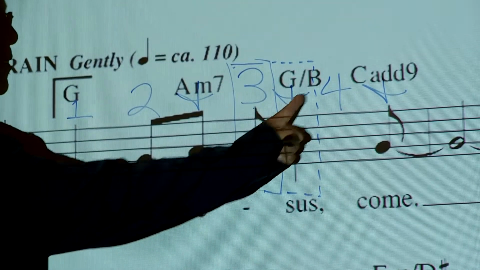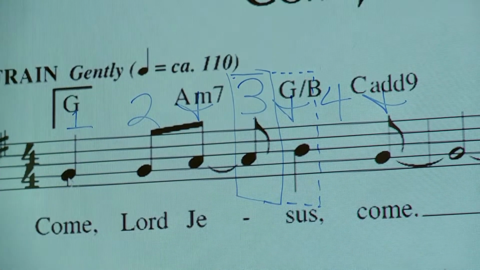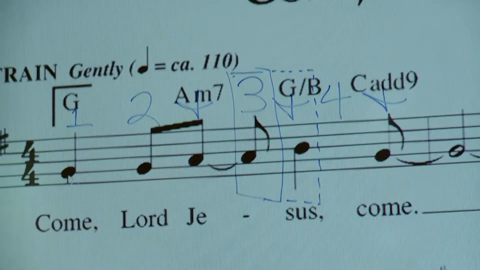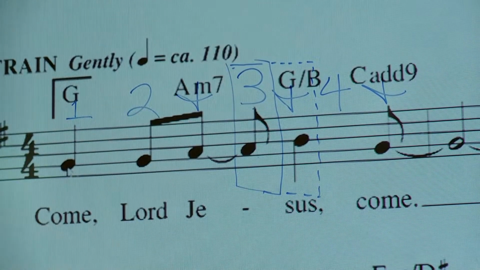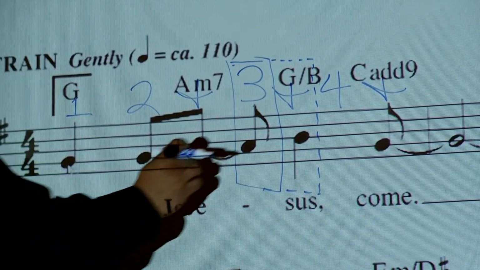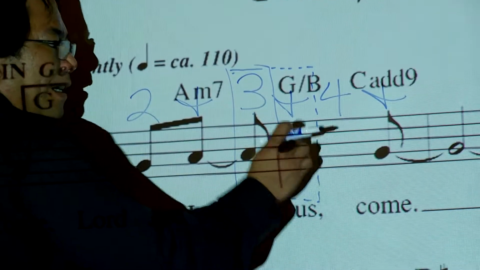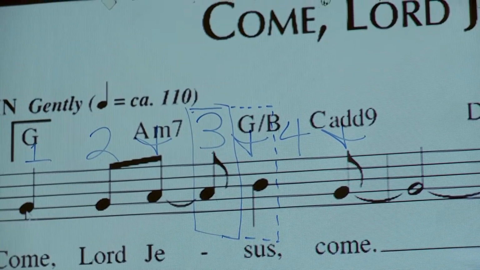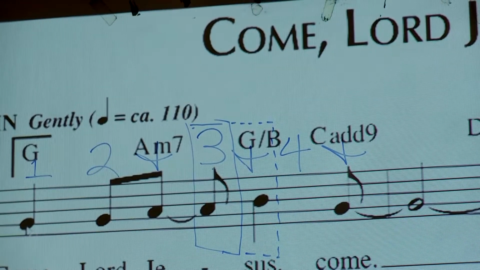From the and to right before the 4, it's only half of the beat. Right? So that means a quarter note equals how many beats? 1 whole beat, right?